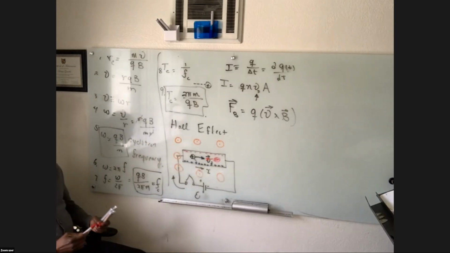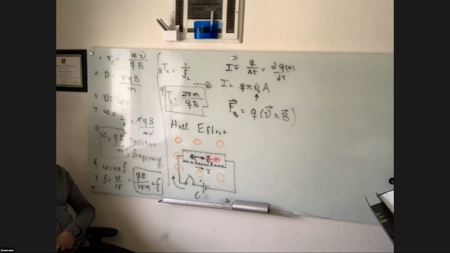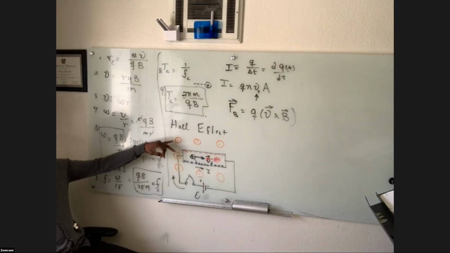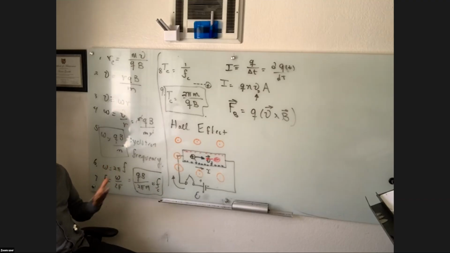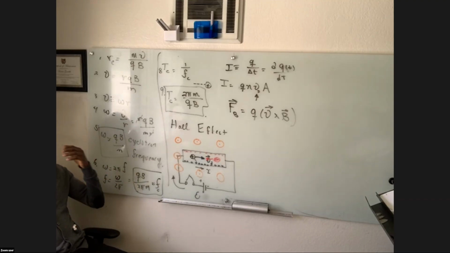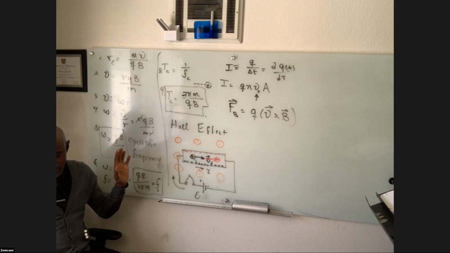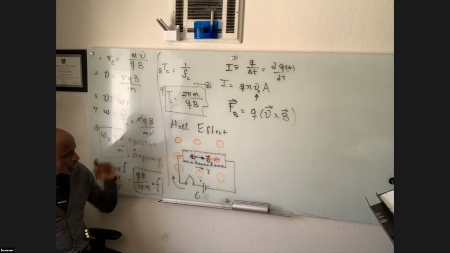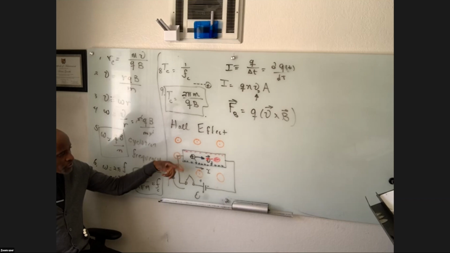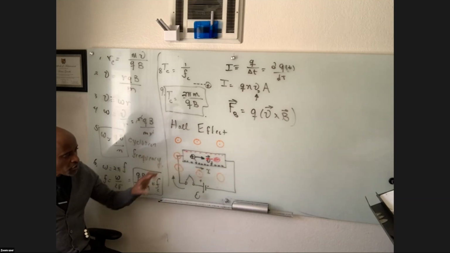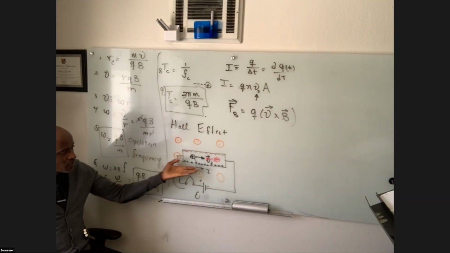Now, initially, before I turned on my magnetic field, as we've been doing in problems weeks before, current was just going to go through it undisturbed, no problem. But when I turn on that magnetic field, now there starts to be an accumulation of charge on the top and bottom. And what does that look like?